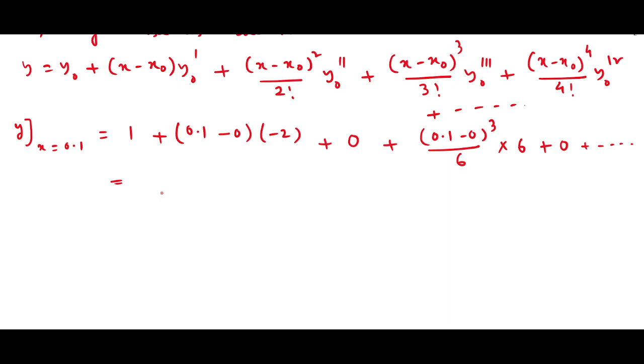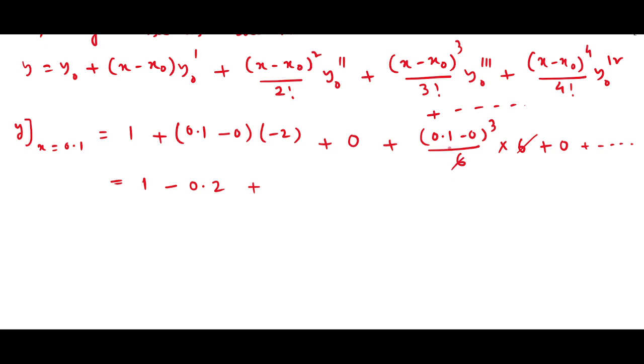So let me find it. First term is 1, right? And second term will be minus 0.2, and our third term is how much? 6 cancels.